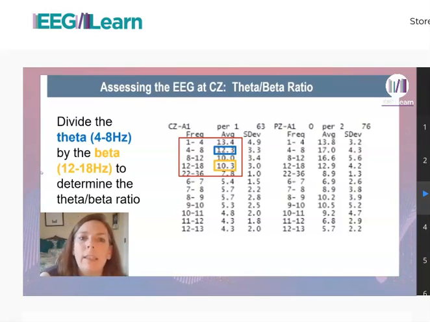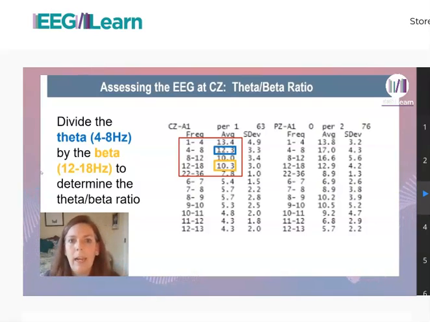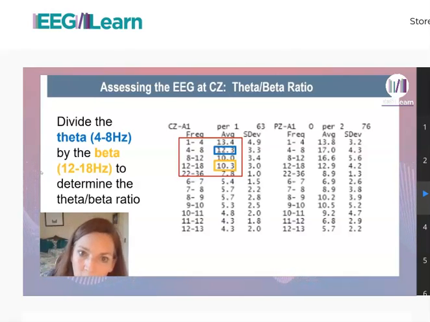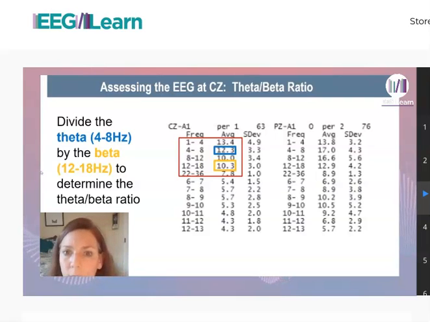Okay, so CZ minus A1, and then we have our frequency list, and our typical frequency ranges are highlighted in that red box. To find the theta to beta ratio, you go to the 4 to 8 hertz range. That's our theta range. You look at that amplitude. In this example, the amplitude is 12.3.